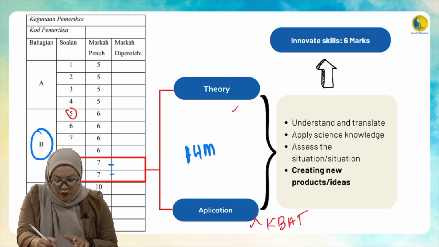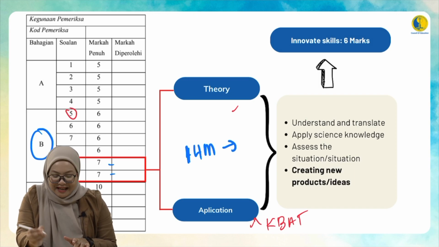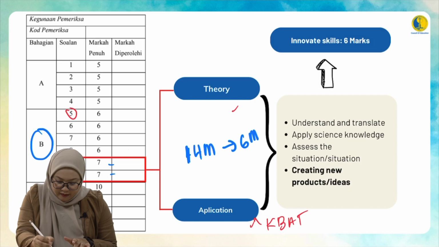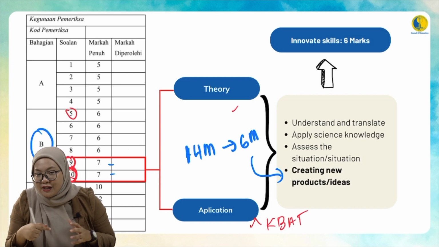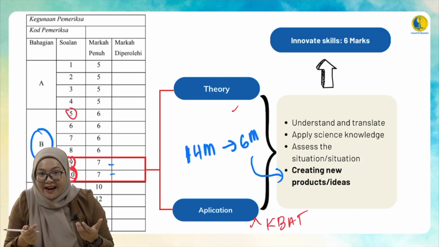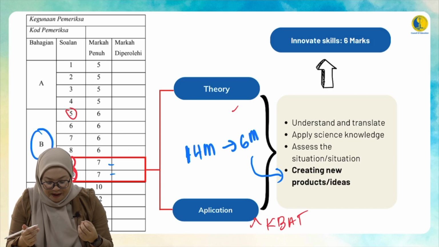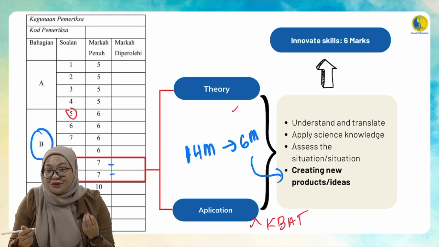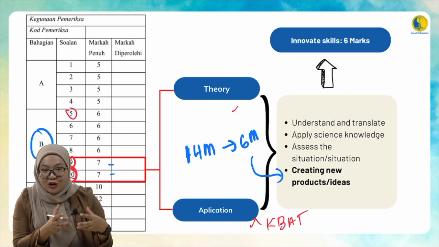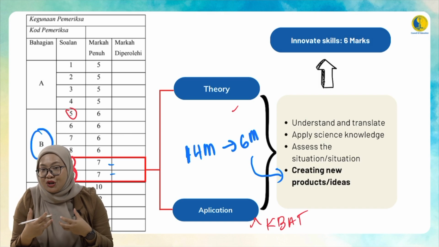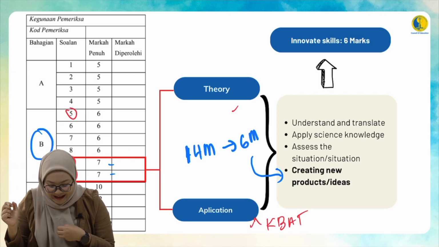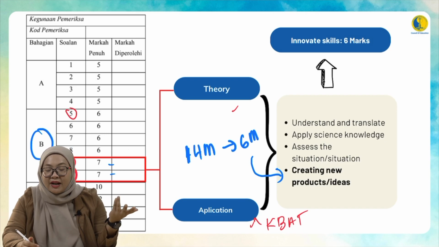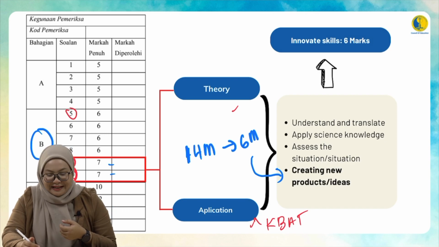But out of the 14 marks, 6 marks are for your ability to create a new idea, a new product. That's where students face difficulties, because creating a new product requires you to think at a high level of thinking. So how? You just use your logical thinking.